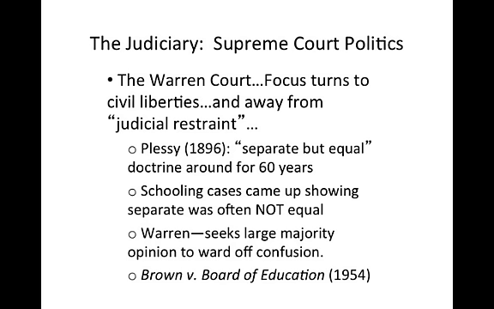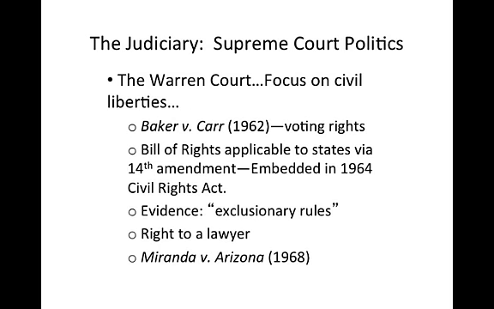Now, even though the Warren Court is routinely lambasted by conservatives for representing kind of liberalism run amok, it really did lay the groundwork for much of our current system of jurisprudence and politics. So, for example, in 1962, we had the Carr decision, which requires local, state, and federal elective officials to represent roughly similar numbers of voters, and this is the so-called one man, one vote ruling.